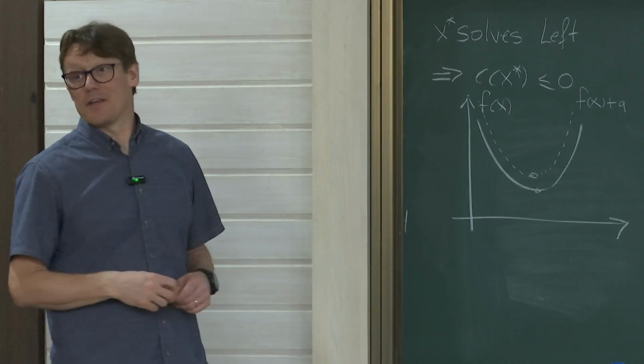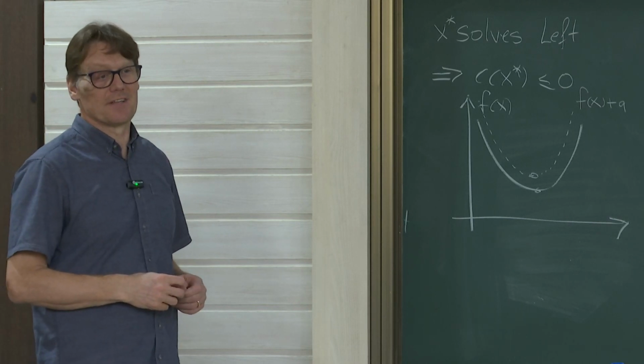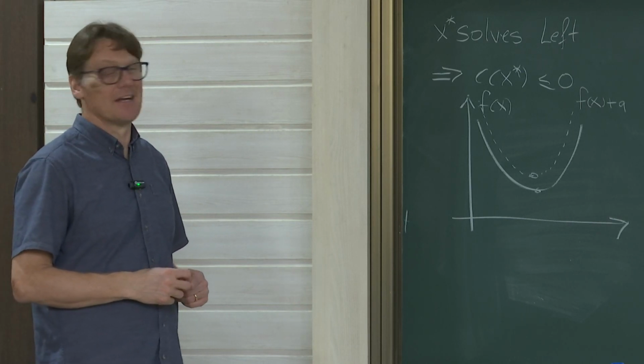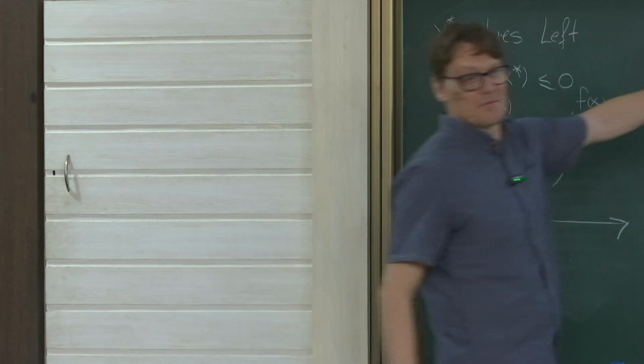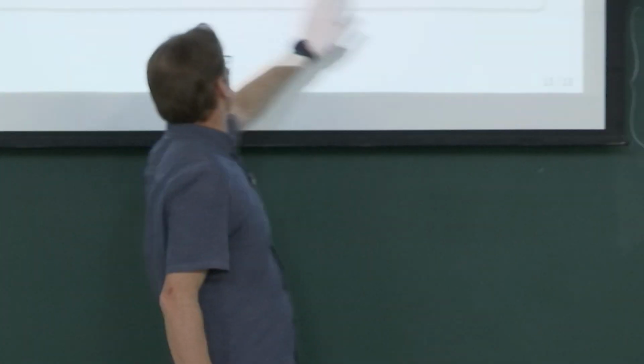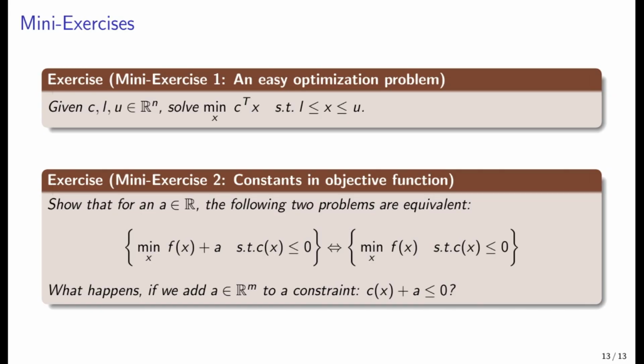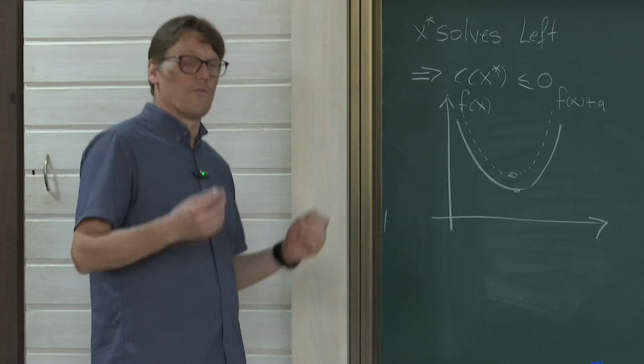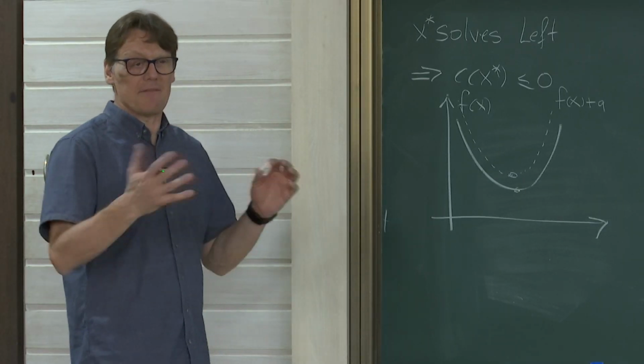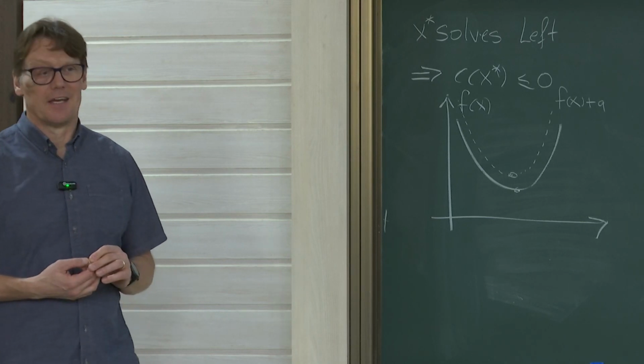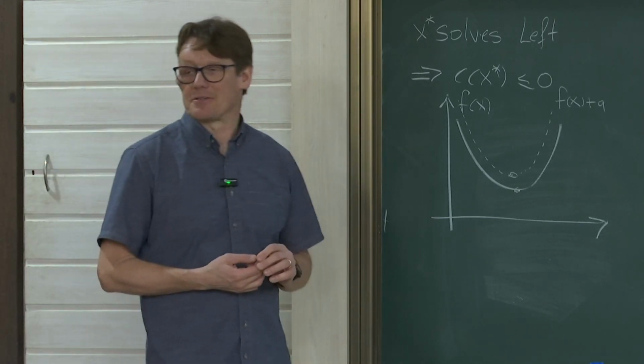If you know the first order conditions, the Karush-Kuhn-Tucker conditions, you can write them down for both problems. Because a is independent of x, the gradient disappears, and so the first order conditions are equivalent. That's a more formal way of proving it, but I haven't told you about first order conditions, and we're not going to talk about constraint qualifications.